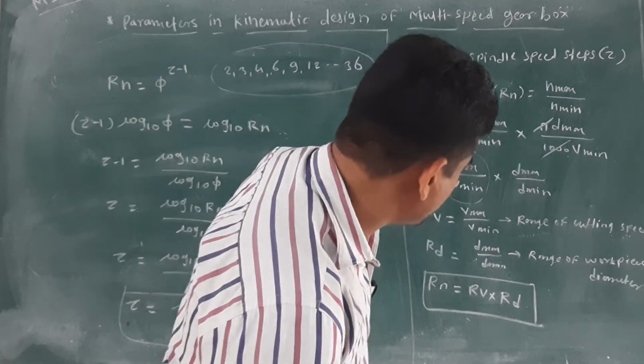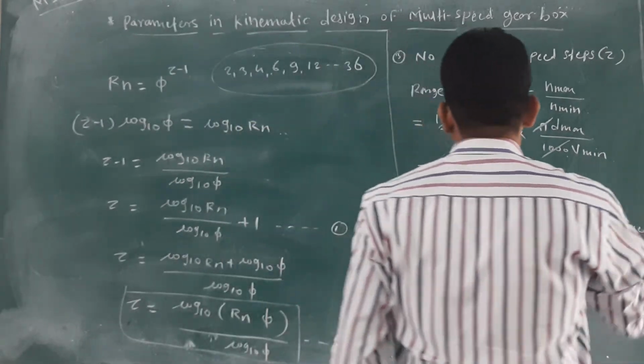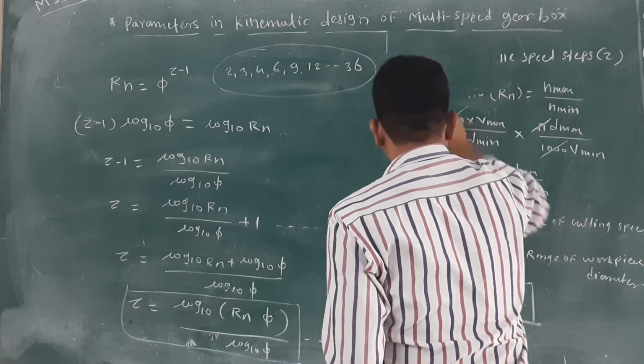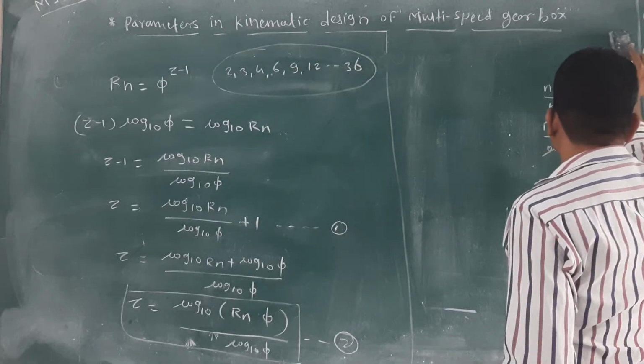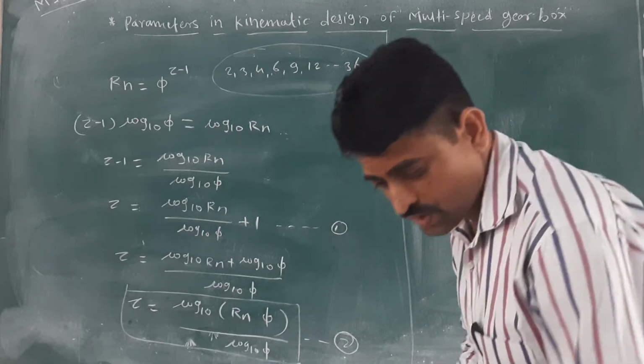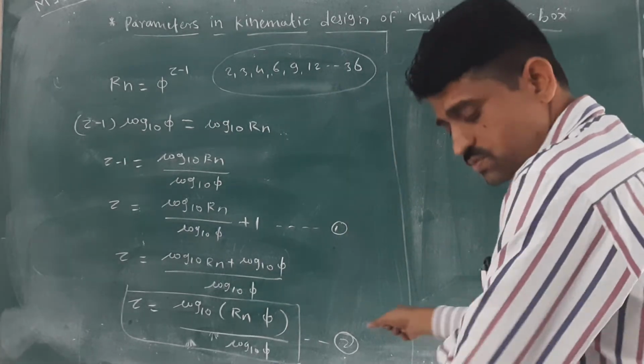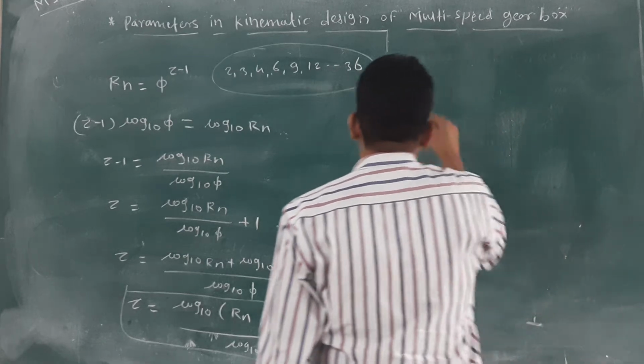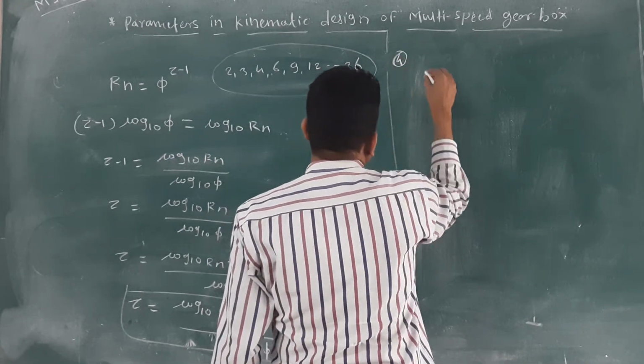Then the next step is the number of stages. The fourth parameter is the number of stages. If you have designed the multi-speed gearbox, then you know how many stages are there.